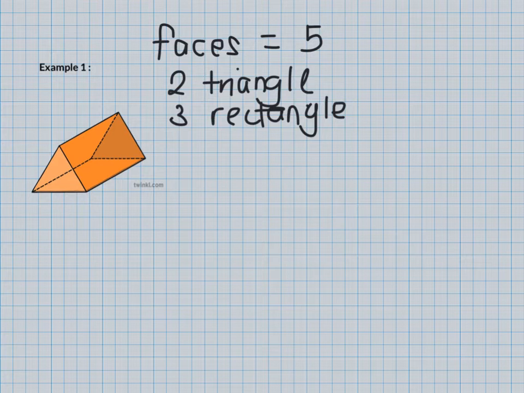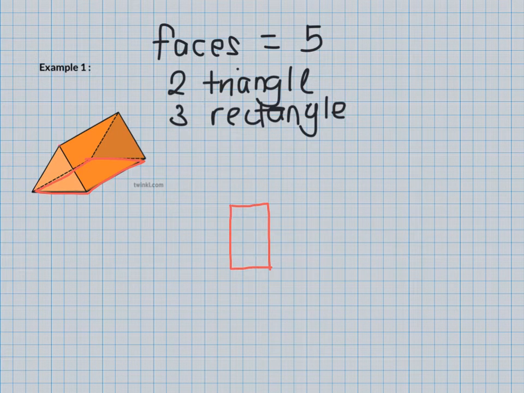So the easiest way is for us to start drawing out the rectangle faces first. So starting from the bottom, alright, I'm going to draw that out first. So I'm going to draw a rectangle.